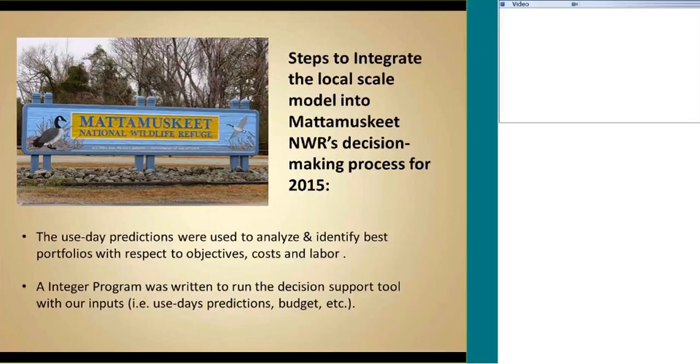And we used that to analyze the different alternatives and portfolios and identify which ones would maximize habitat delivery for both guilds of waterbirds, i.e. shorebirds and waterfowl, with respect to and consideration for labor and financial or budget constraints. And this analysis involved a 5-step process, which I don't have time to get into right now, but just want to reference it was an involved process. And ultimately, an integer program was written to run the decision support tool with staff inputs.